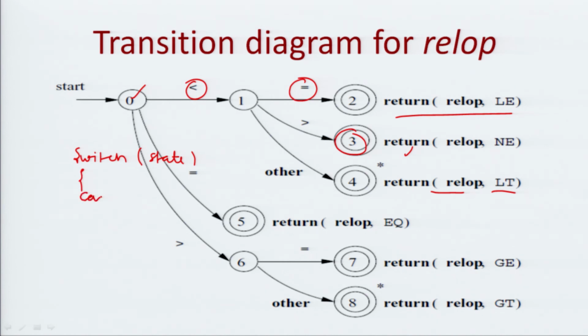Here we will write that if the input character we are getting is less than, then the state should be updated and now the state should be 1. Then similarly we will write the logic for every construct in the case statement, and then break from here. Similarly, we will write a case for state 2, case for state 3 and so on.